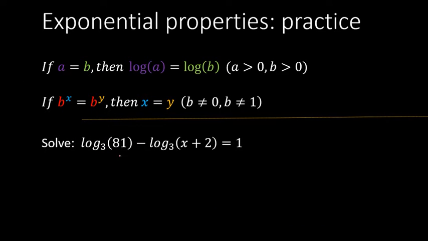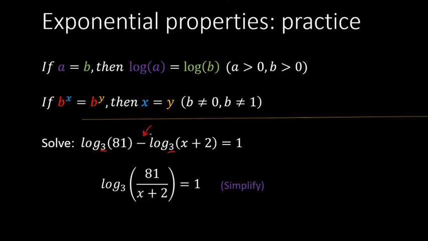Let's do another one. I've got log base 3 of 81 minus log base 3 of x plus 2 equals 1. Notice that I've got these base 3's, so you can maybe guess what I'm going to do next. I'm going to combine rather. I've got these separated by subtraction.